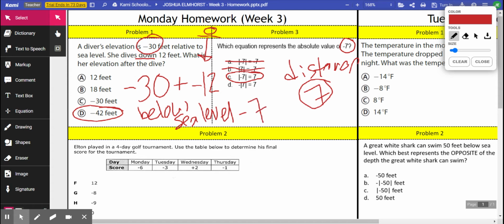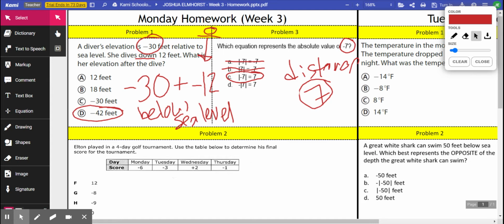Because that negative sign is outside the absolute value symbols, the value of that one is actually going to be negative 7, just because the negative symbol is on the outside. I don't want to confuse anything there, but the correct answer would be C, where the negative 7 is on the inside, and the symbols represent the absolute value.